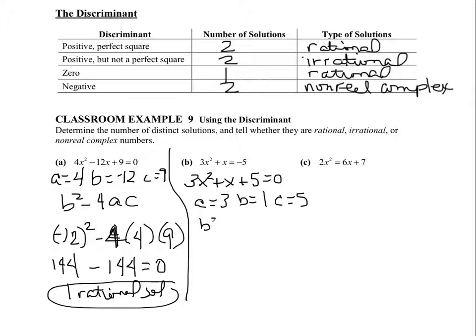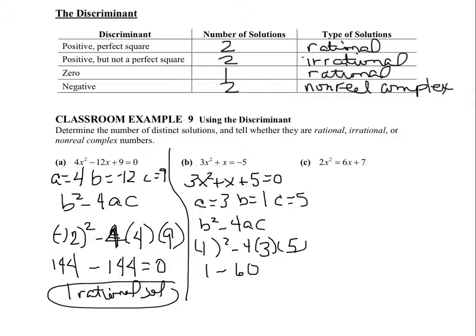Okay, let's see what b squared minus 4ac is. Again, I'll use the parentheses, and now I'll plug in. The b is 1, the a was 3, the c is 5. Now, if I square 1, I just get 1, and then minus 4 times 3 times 5.